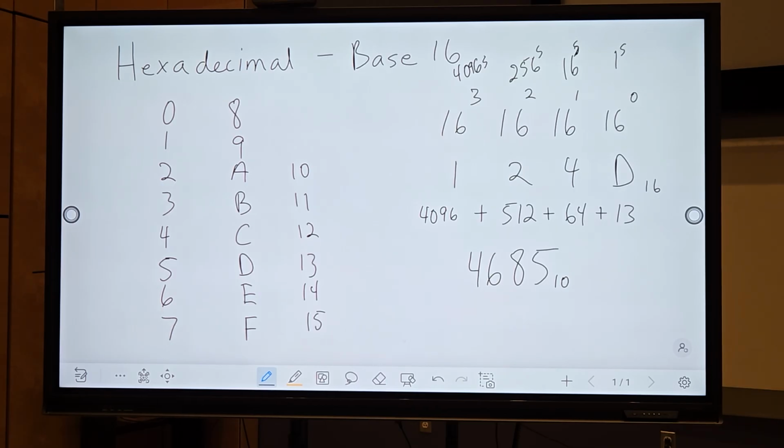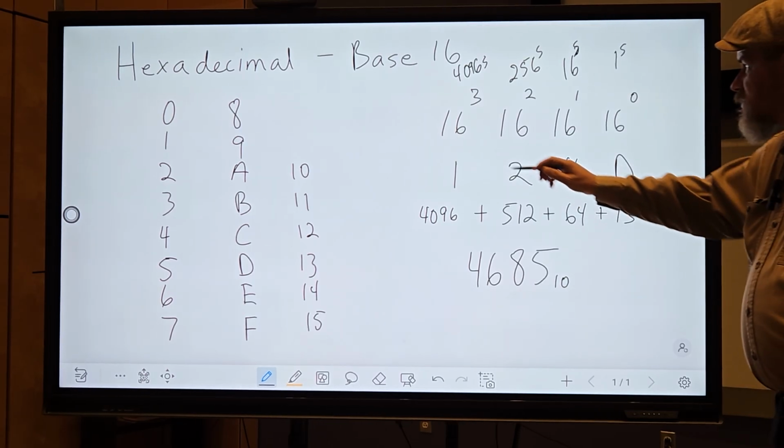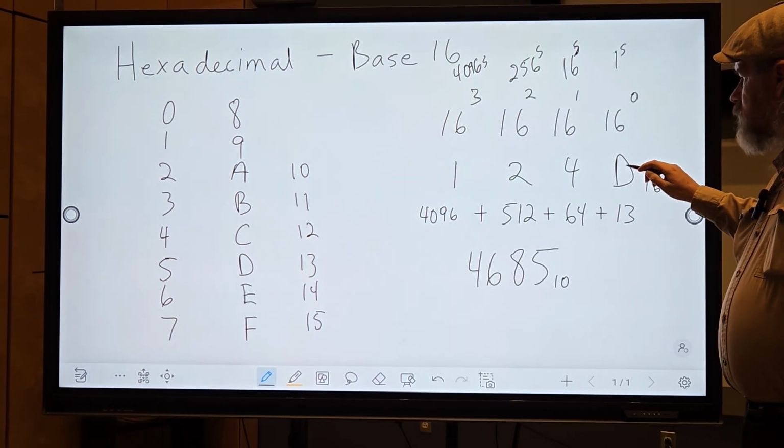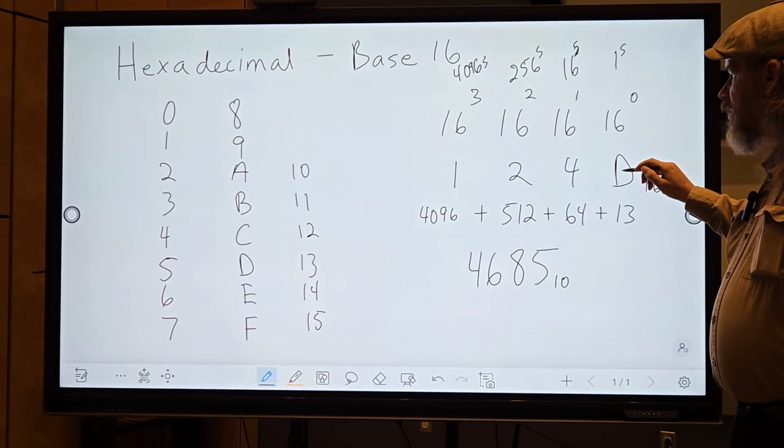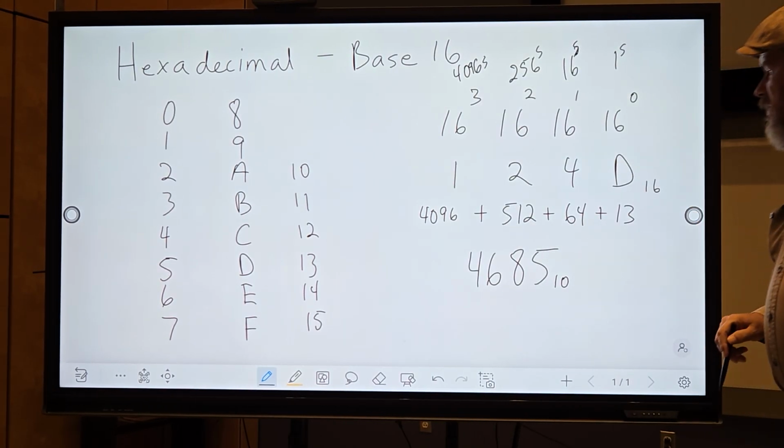It is right? Oh, okay. Miracles do happen. So that's how you would convert a 4-digit hexadecimal number into decimal.